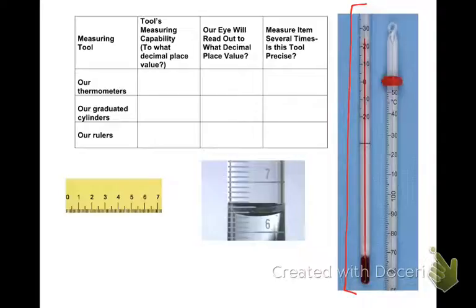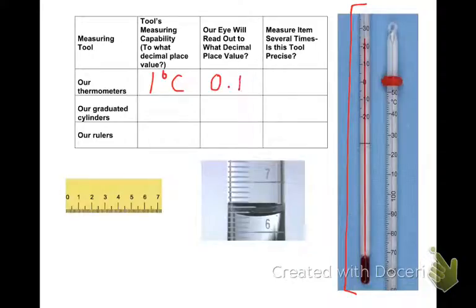So we notice that the alcohol in the thermometer is 25 maybe. So it can measure to the 1 degree. Our eye will read out to 1 decimal place past that.